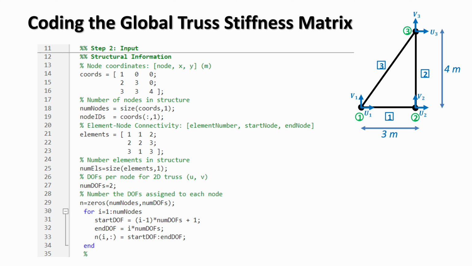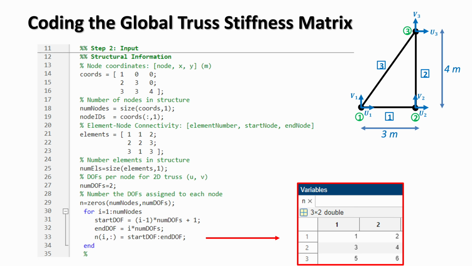For node 1, the degrees of freedom are numbered 1, 2, for node 2 there'll be 3, 4, and for node 3 there'll be 5, 6. In our case, this gives us a mapping from nodes to degrees of freedom that matches exactly what we see in the figure, where each node has its u displacement shown to the right and the v shown upwards. Later, this numbering will be used for when we place each element's stiffness matrix into the correct rows and columns of the global matrix.